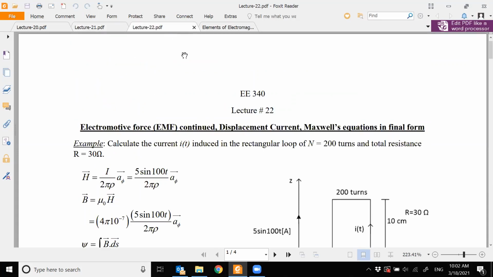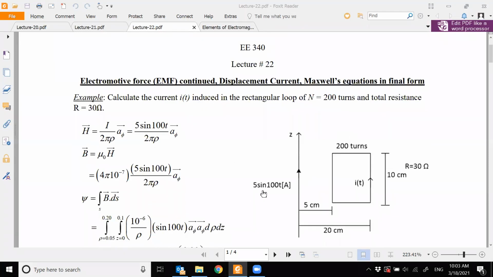So now, today we are going to focus on the displacement current. This is another example of our EMF part, but here I will not solve it, I will just give you the idea.